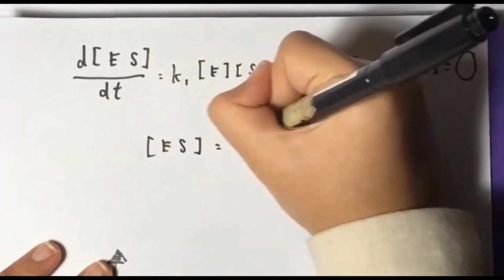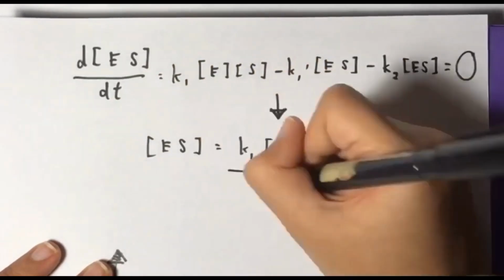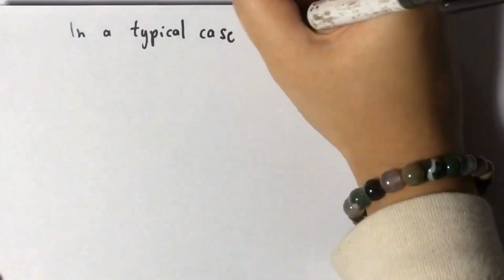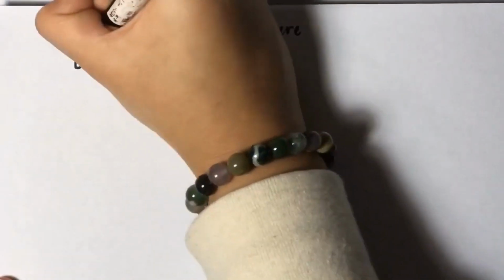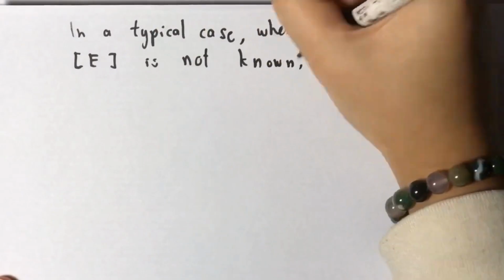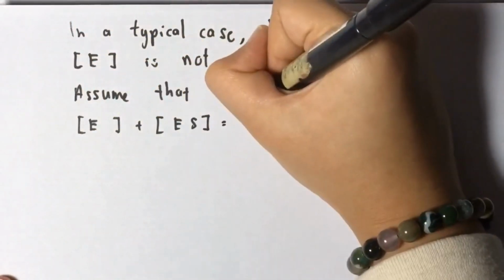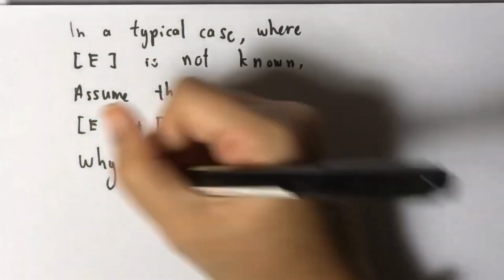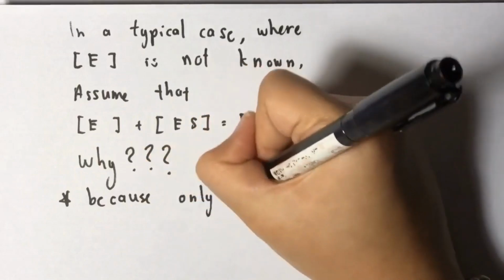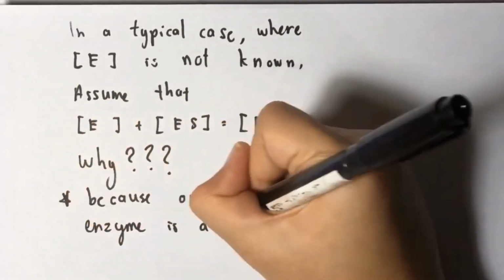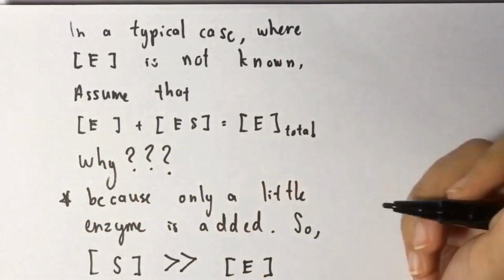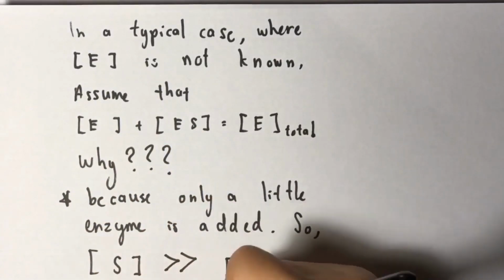When it is simplified and rearranged, you are going to get this expression. However, in a typical case where the concentration of enzyme is not known, we are going to assume that the concentration of enzyme plus the concentration of enzyme-substrate complex is equal to the total enzyme concentration, because only a little enzyme is added. So the concentration of substrate is much larger than the concentration of enzyme.